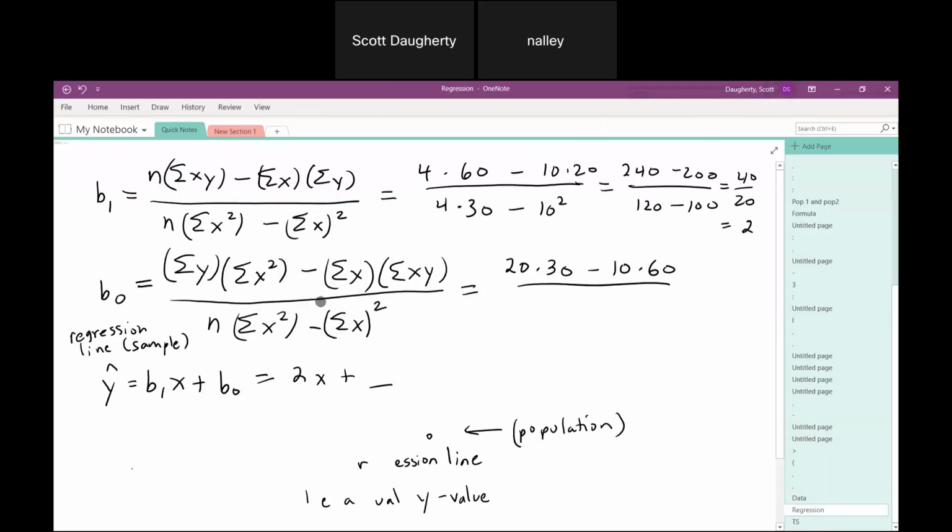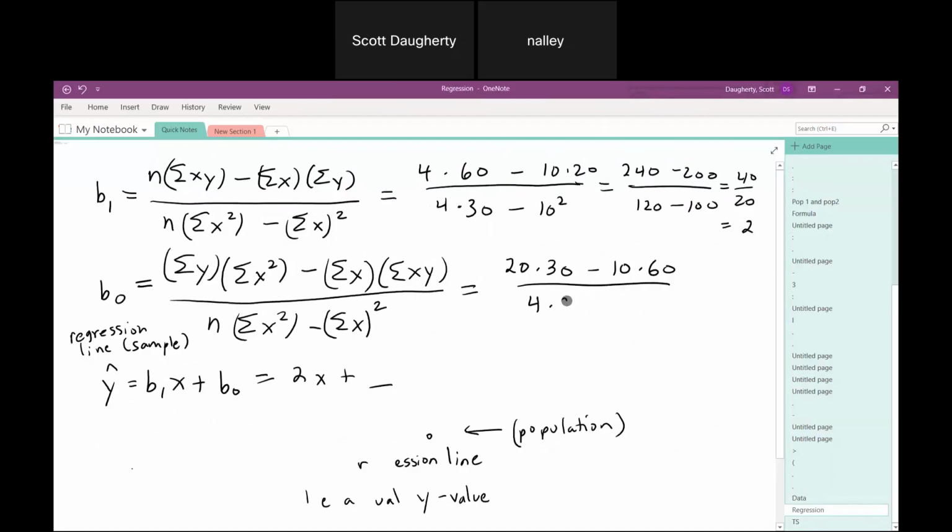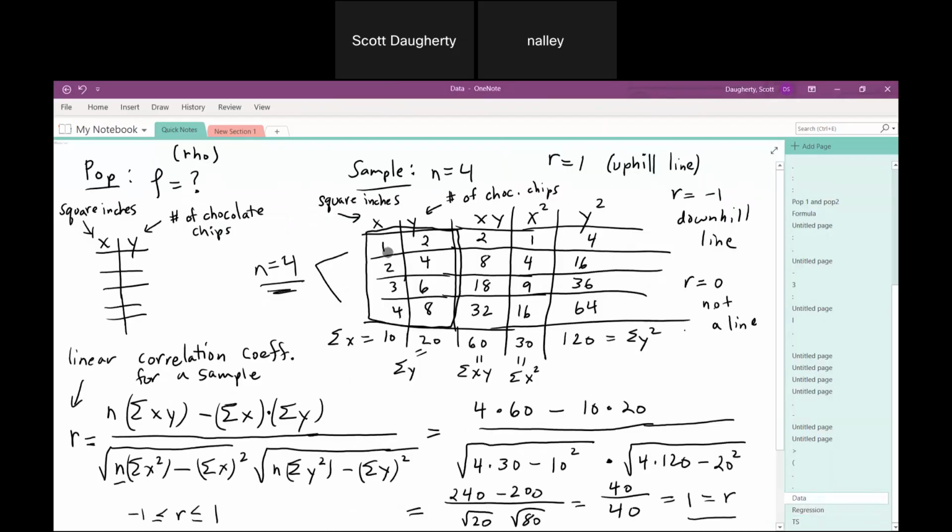Okay. And then times the sample size on the bottom. So that's the top number. And then the bottom number, you take sample size times the sum of the x's after you've squared them. And that was 30. Then this is the sum of the x's, and then you square that number. And that's a little different. That was the sum of the x's is 10, and then we square 10.